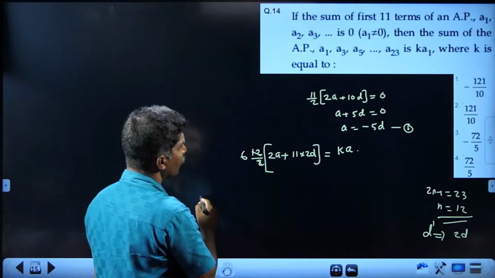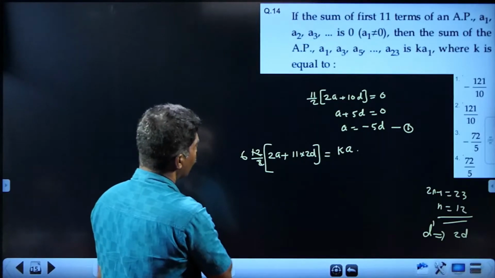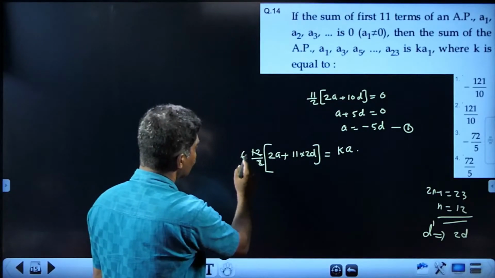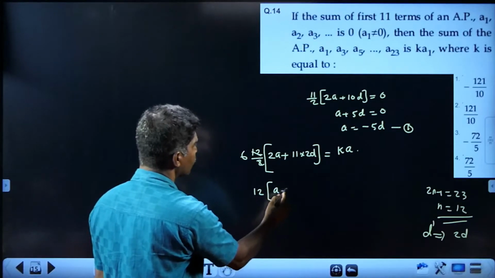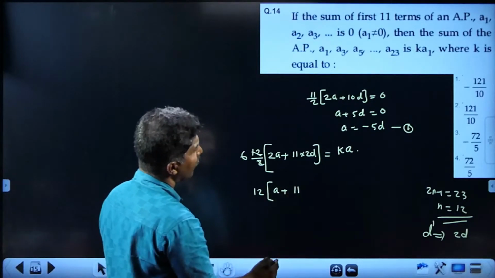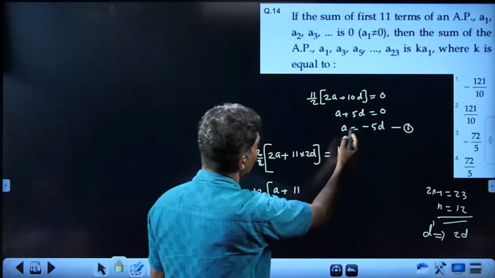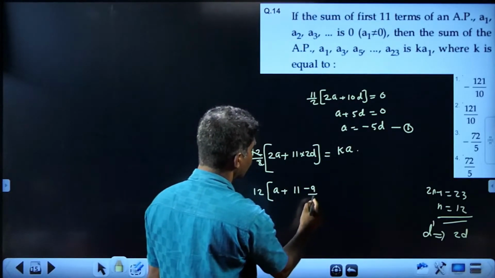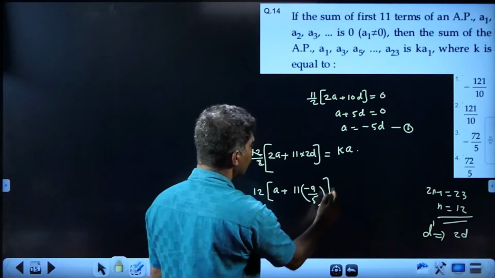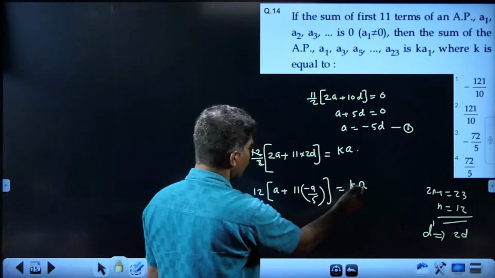So again 6 into 2, 12. 12 into a plus 11 into d. What is d? D is equal to negative a by 5. That is equal to k into a.